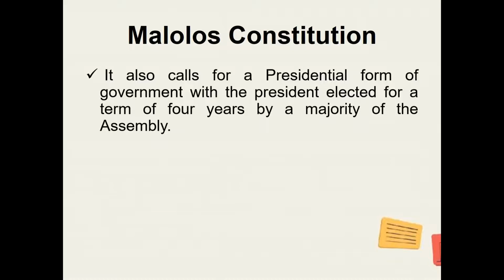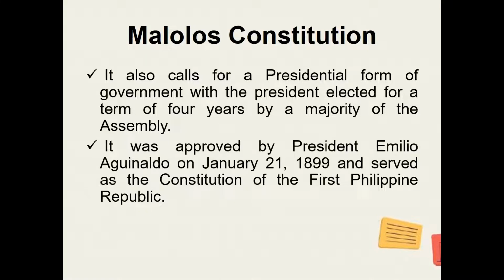It also calls for a presidential form of government. Okay, when we say presidential form of government, the president is both the head of the state and head of the government. So at first, under the Malolos Constitution, the term was only 4 years. Okay?